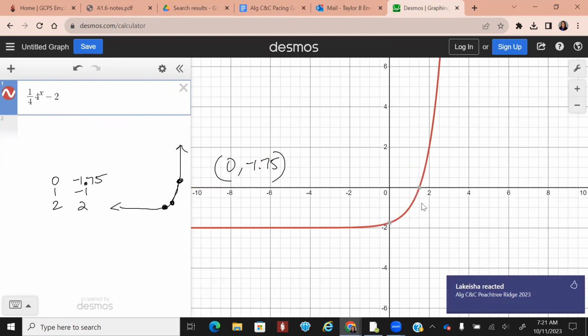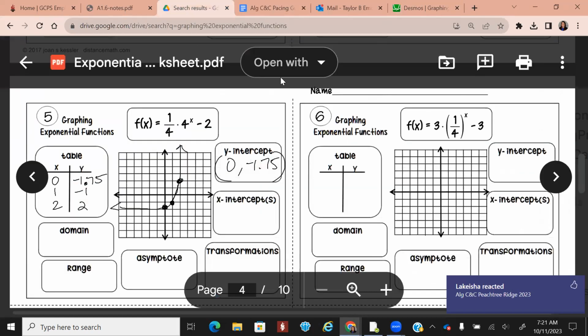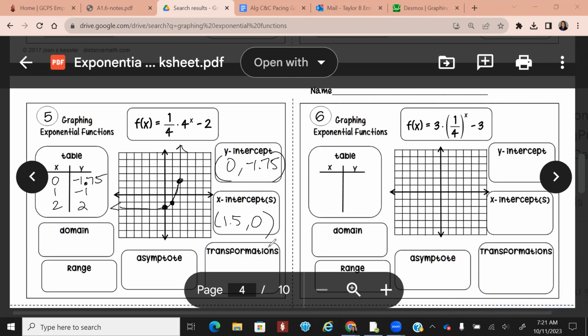Yeah. So where does it cross the x-axis? 1.5 comma 0, right? So the x-intercept is at 1.5 comma 0. Again, how I did that was I plugged it into Desmos. On your mastery check, it's an easy enough one that you can see where it crosses the x-axis.